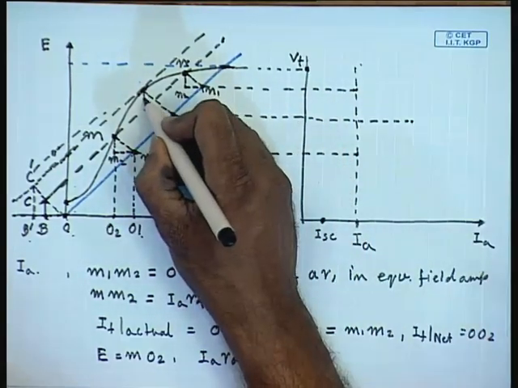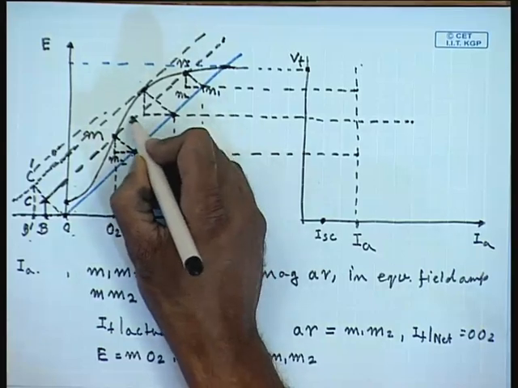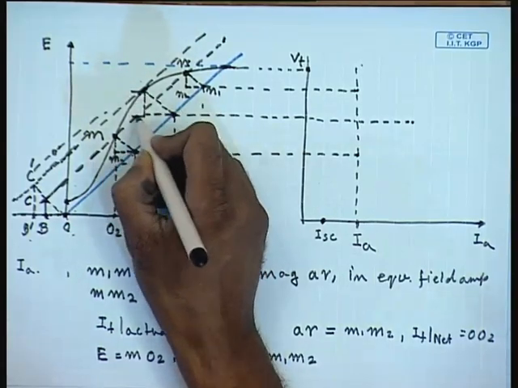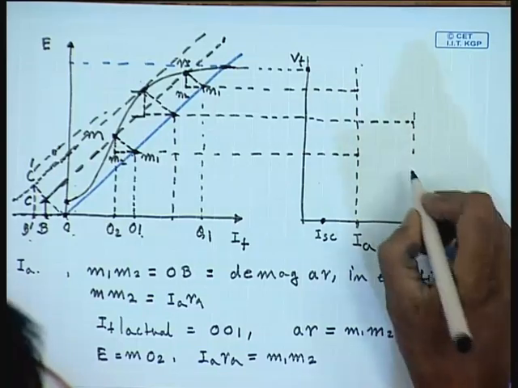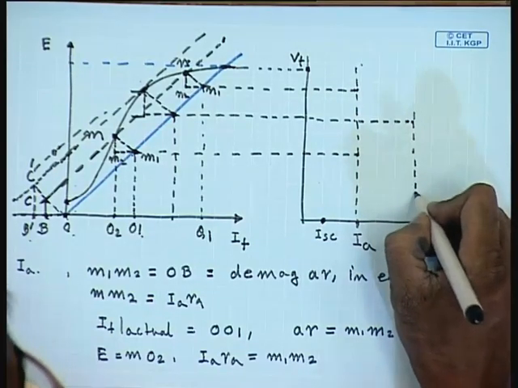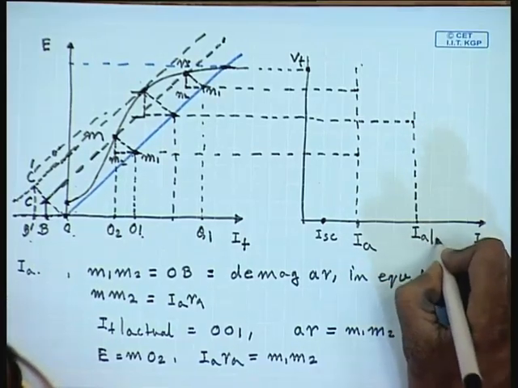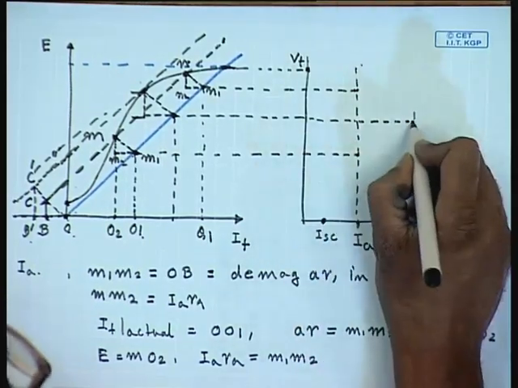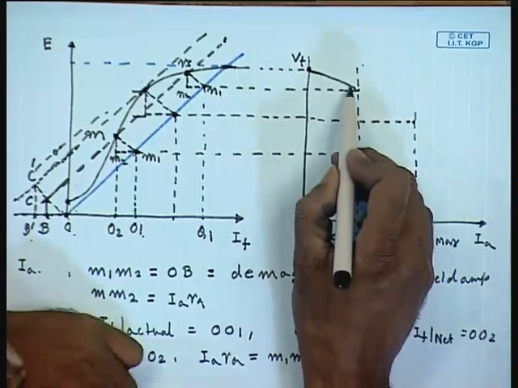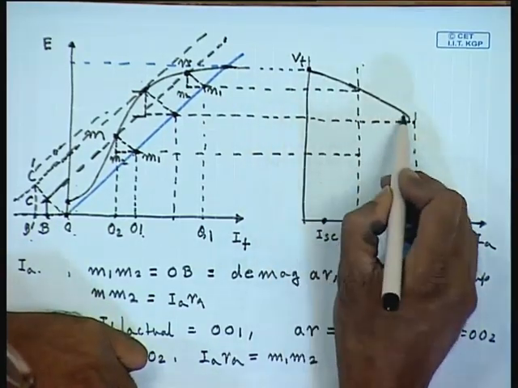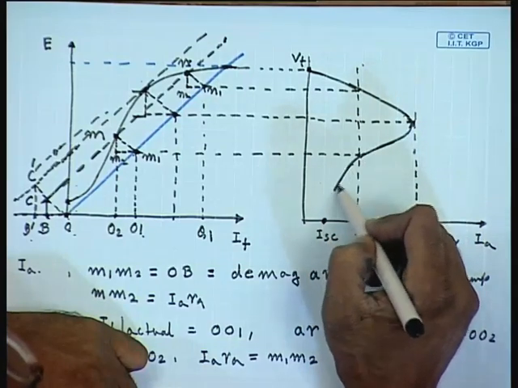And if we draw a triangle from here, then IA RA equal to this length, hence the IA can be found from there. This will be IA max and the external characteristics can thus be constructed in this fashion.